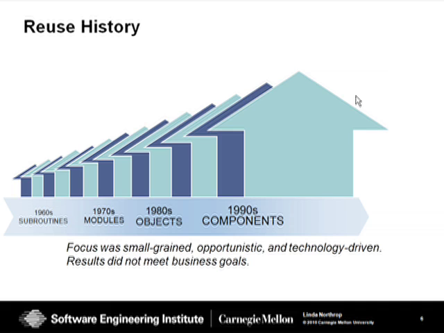But the issue with all that we did was that our focus was rather small-grained. The reuse itself was opportunistic, and it was technology-driven. And unfortunately, the results didn't match large business goals. We had certainly success, and we benefited the efforts that we were involved in, but we didn't meet business goals.